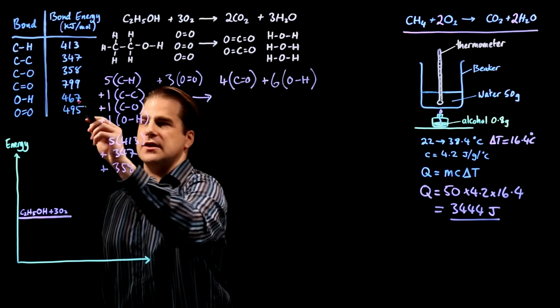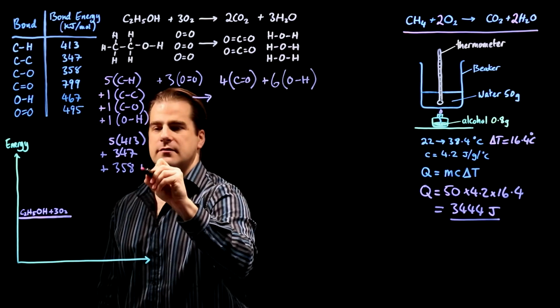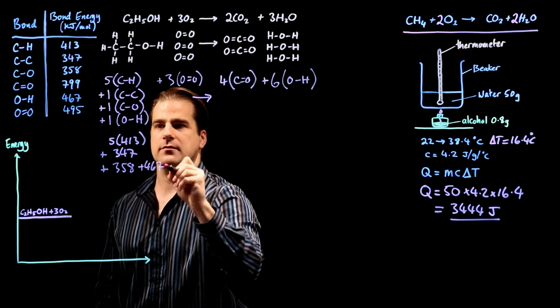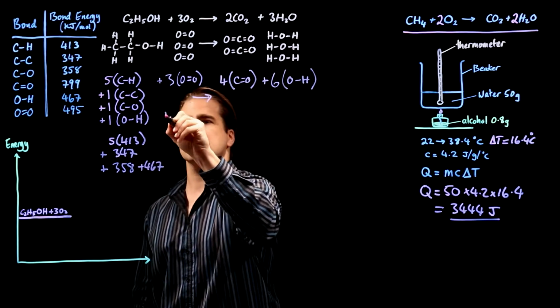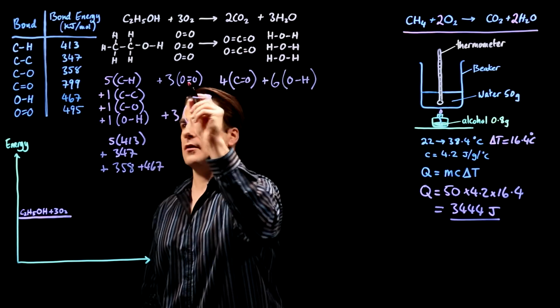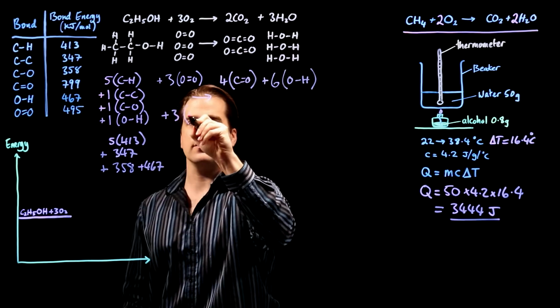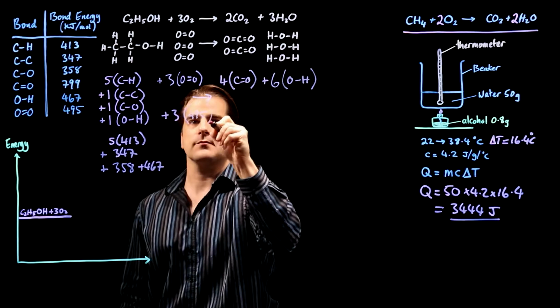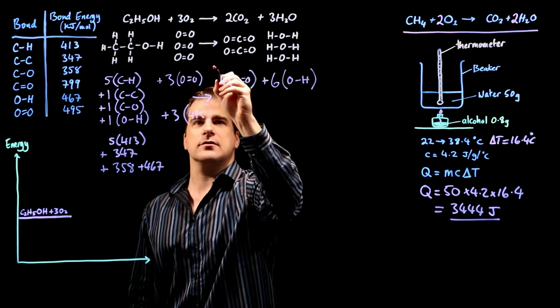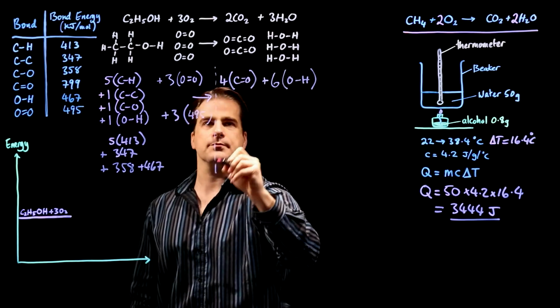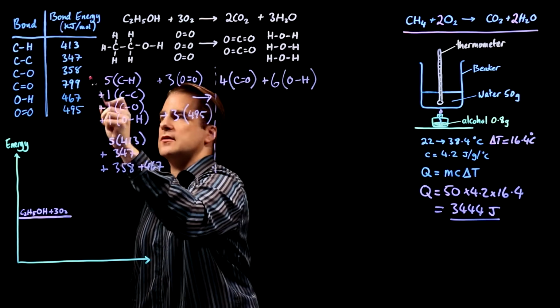An OH is 467. Next, 3 OOs is 495. And that goes to, on this side, 4 COs.